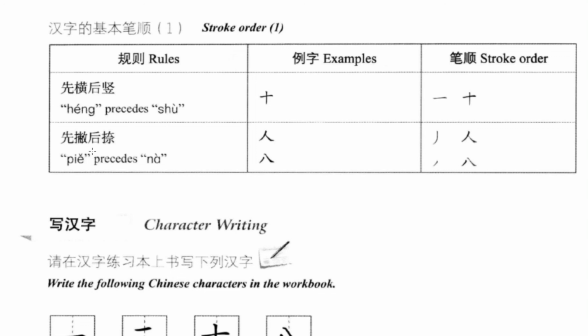And the second rule, 撇 precedes 捺. And examples, 人 and 八. So some people think the 人 and 八 are almost the same, right? But totally different. And the stroke order, first you need to write 撇 and then 捺. And this one, 八, the same.